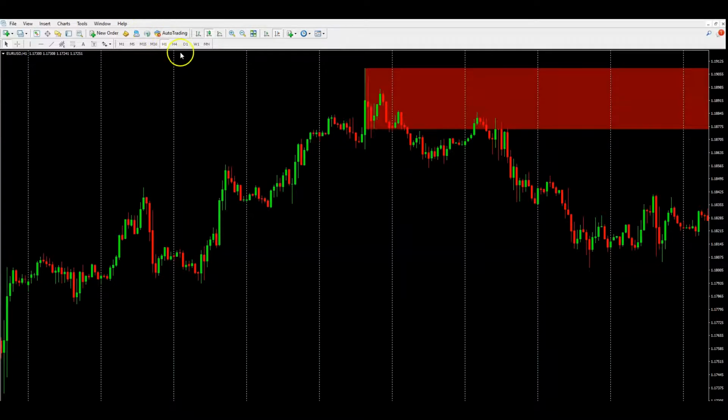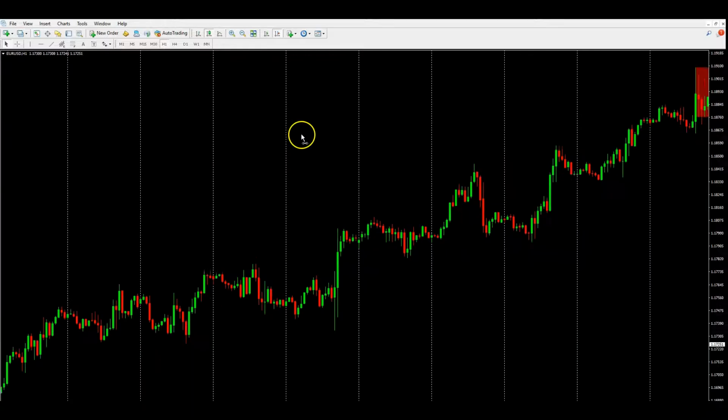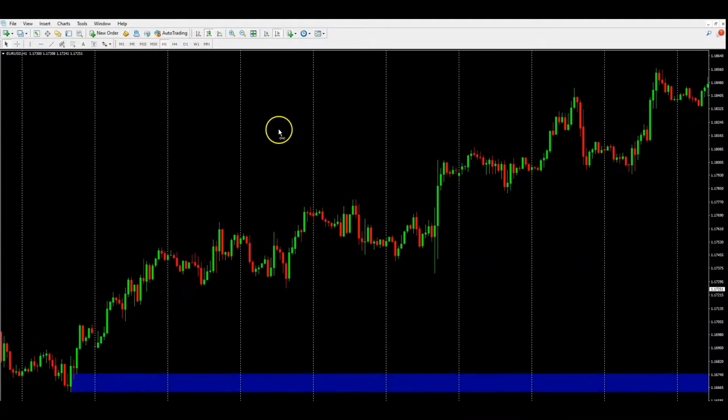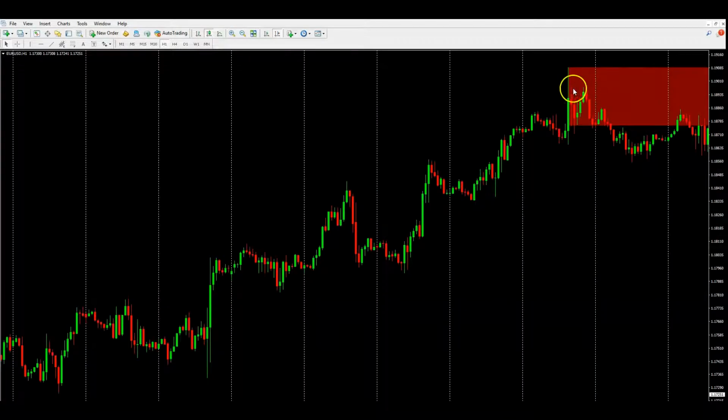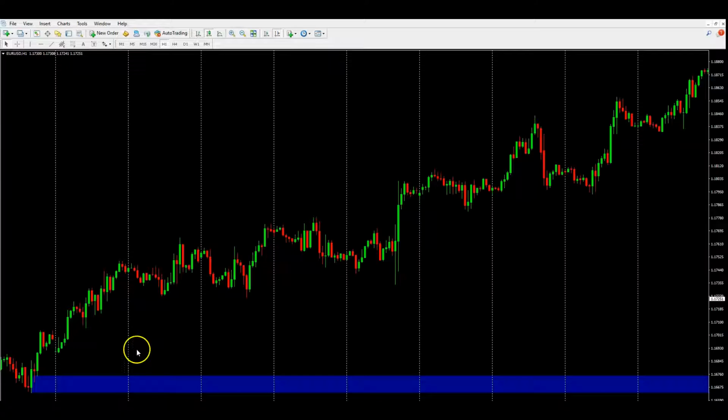Alrighty, this is the 1 hour chart. This is your demand zone. This is your supply zone. When I started trading, they told us to go up 3 levels and expect a reversal.